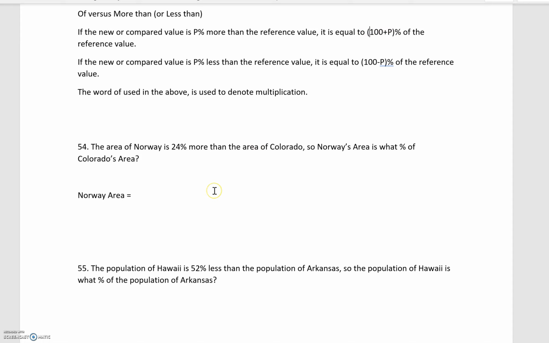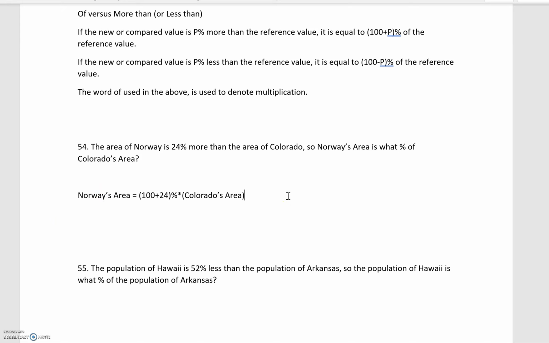So in this context, Norway's area is 24% more than the area of Colorado. This means that Norway's area is equal to 100 plus 24% of Colorado's area. We are not given numerical values here for Norway or Colorado's area, so this is the best thing that we can say so far.